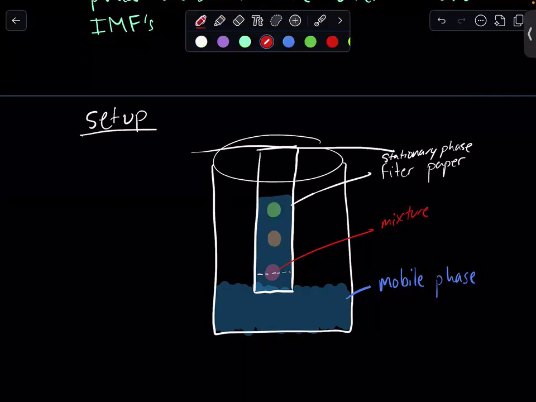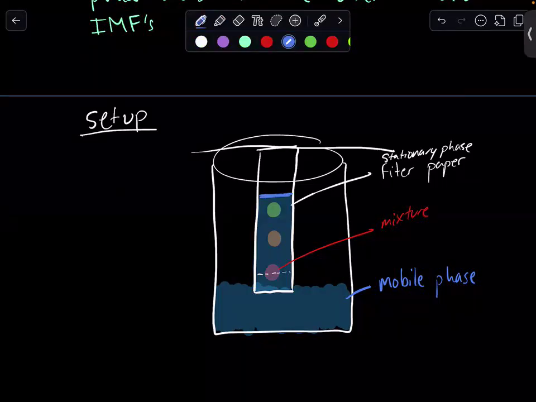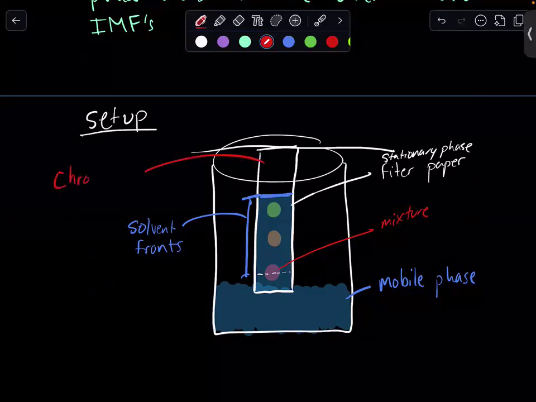Now, there's a couple key points here, and I'm going to use blue because this involves the stationary phase. This distance right here is what we call our solvent front. It's how far it moves. This paper we get afterwards with all our spots, and let's use red for this, we will call this our chromatogram.